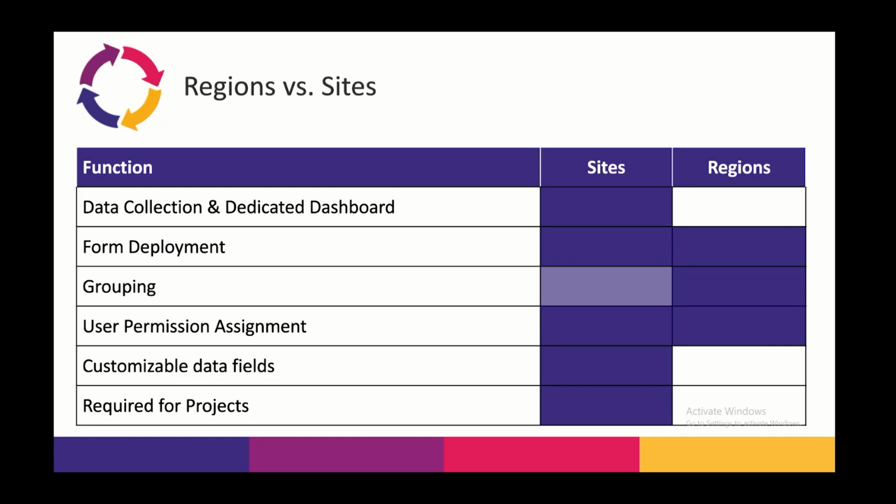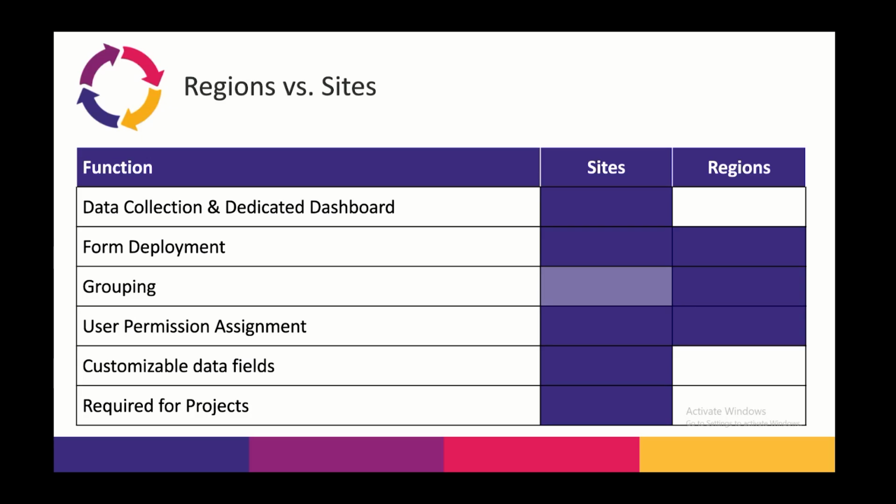Grouping exists for both, with slightly different purposes, hence the different colors. Grouping for regions is its primary structure, while grouping for sites is something which can be done, since you can group sites and subsites together, but it's not the primary function of a site. User permission, very similar to form deployment, can be done at both site and region level.